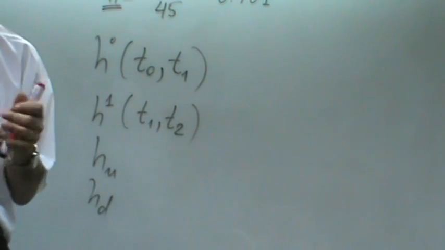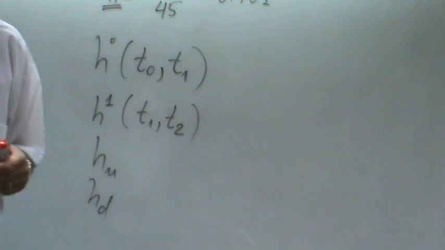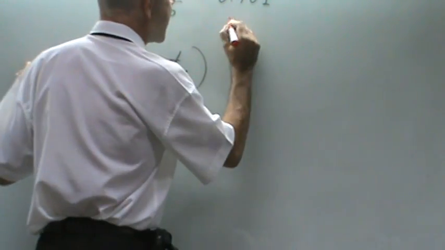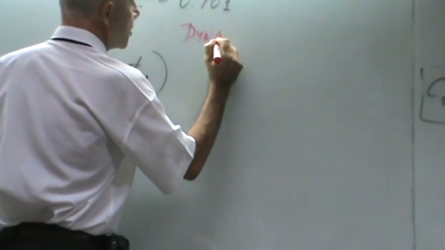And the second part is, if you want your portfolio to remain protected, you need to adjust your hedge. Okay? And the adjustment of hedge from period to period is called dynamic hedging.